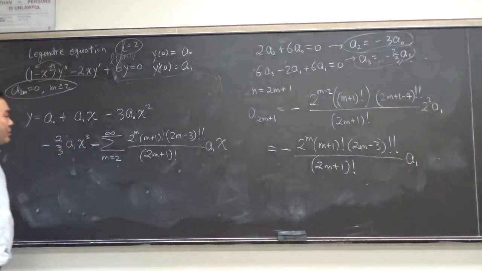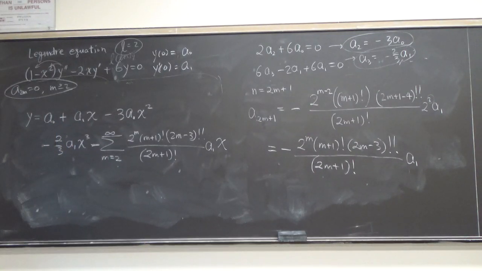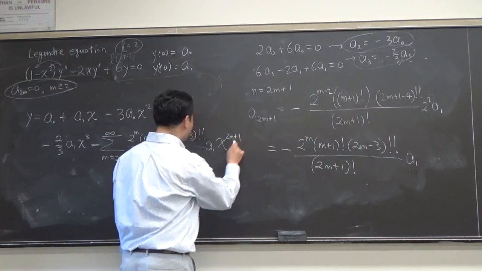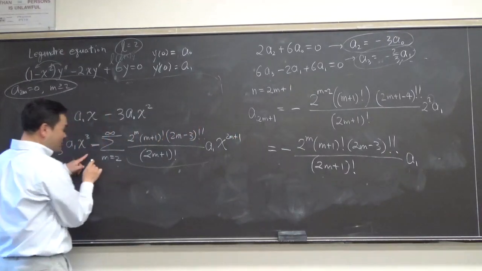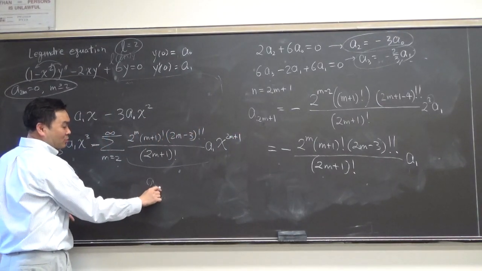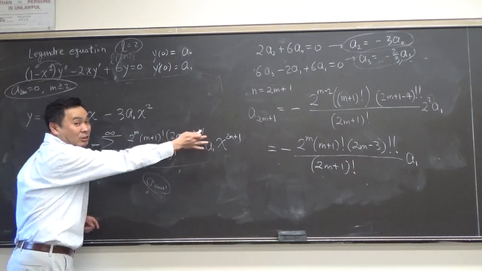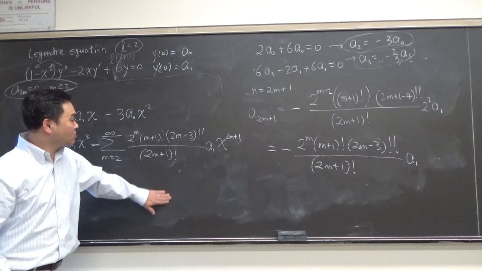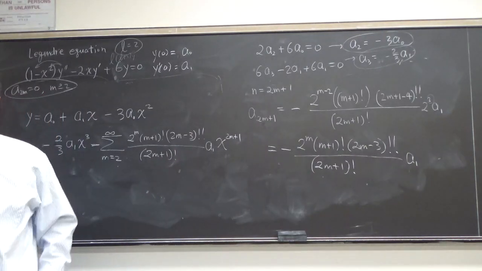Okay, x to what power? 2m plus 1. Because the one with the minus sign is the one that's attached to x to the 2m plus 1, right? So that's what you have as a generic solution.